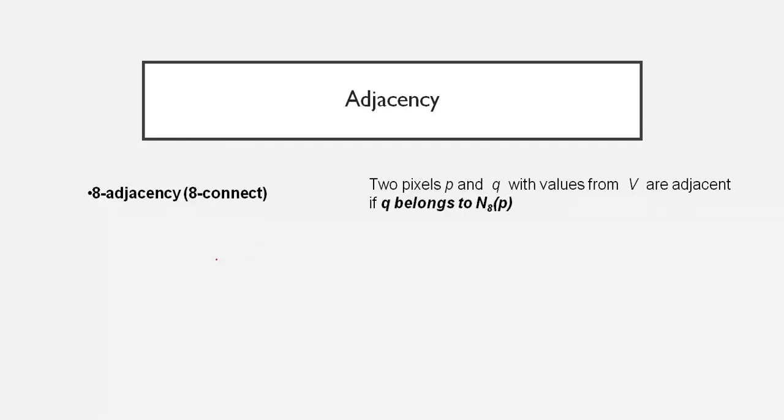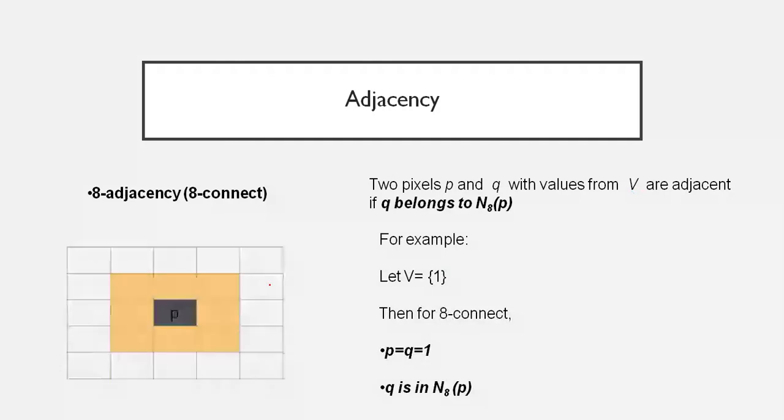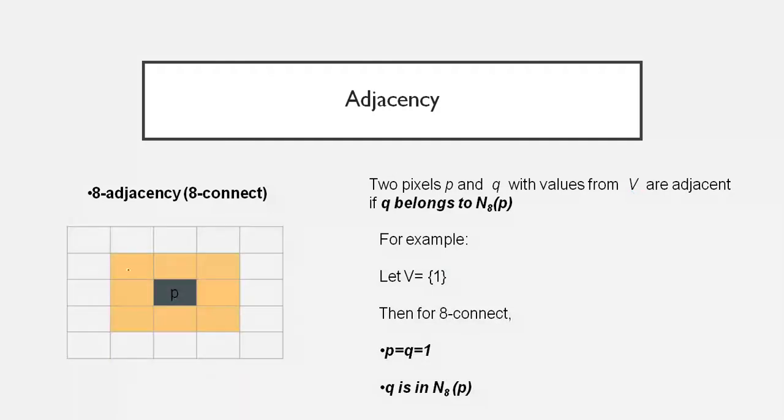Similarly, we have 8 adjacency. So again, pixels P and Q should be from set V. So they should have values from set V only, and Q should be one of the 8 neighbors of P. So if Q is at the location here, in any of the locations which is highlighted, P and Q can be connected or are called 8 adjacent if P and Q both have values from set V. Now in our set V, in the current example, it just has one value which is 1.